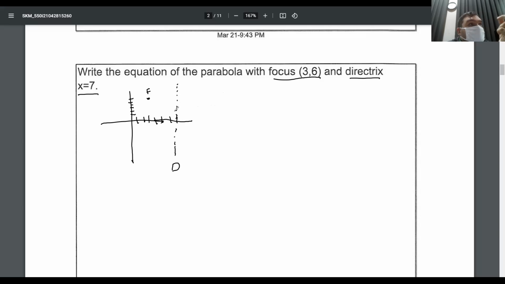Good, 5, 6. The reason is we need to be in the middle of the focus and the directrix. Yes, it's sideways. So it's going to be 5, 6. So this right here is your vertex. The focus is inside the U shape, so you're going towards the left.